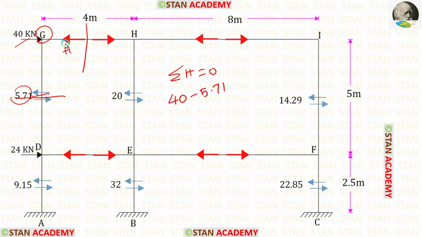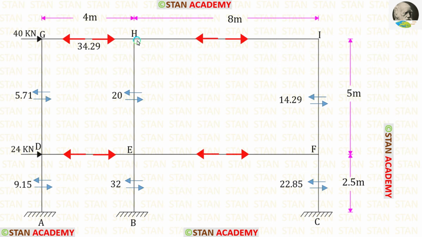The axial force is acting towards the left side, so that is also negative. We can take H on the other side, so it will be positive. Finally, for the axial force, we will get 34.29 kilonewton.